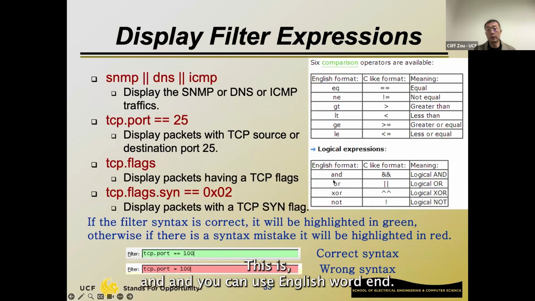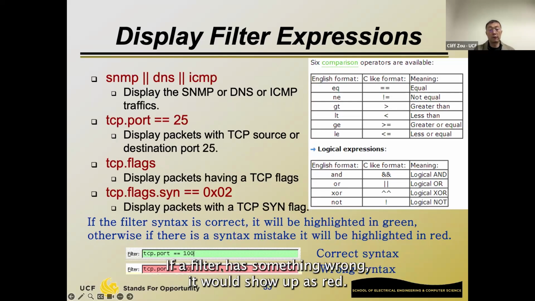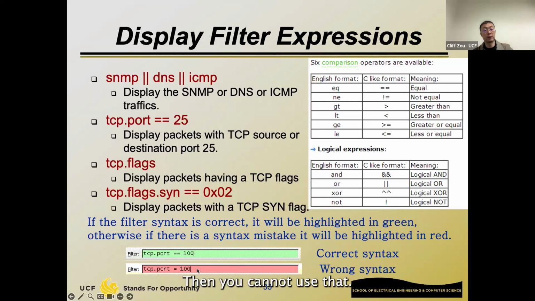This is and. You can use the English word and to do that. So if a filter syntax is correct, it will be highlighted in green. If the filter has something wrong, it will show up as red. Then you cannot use that for the display.